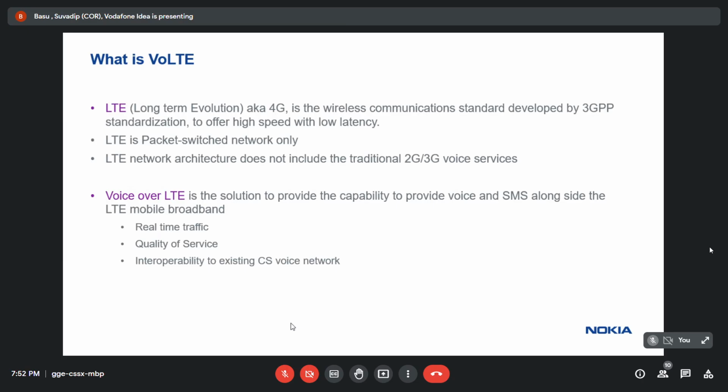If the voice packets get priority via real-time protocol, then the packetization and depacketization, which used to cause the delay, or which could have disturbed the real-time voice traffic, is taken care of.